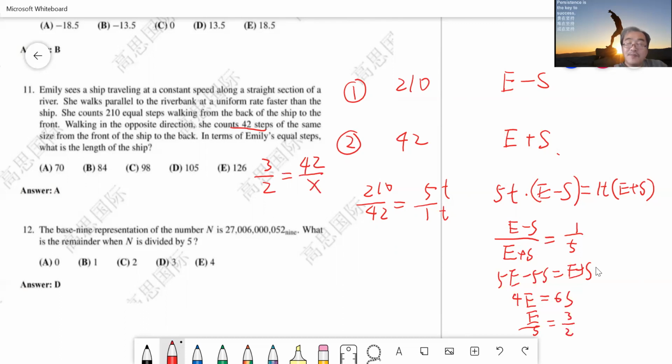Because their speed ratio is 3 to 2, if Emily covers 42, how much does the ship cover? They are proportional. So easy to solve, x equals 28. So actually, their relative motion in this case is just the length of the ship, right? So then 42 plus 28, the answer is 70. We have the answer A.